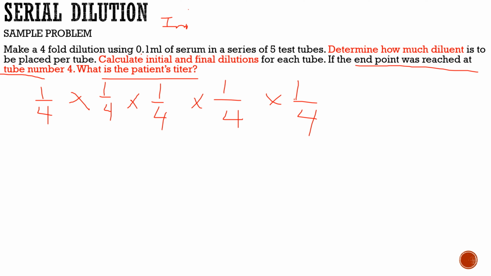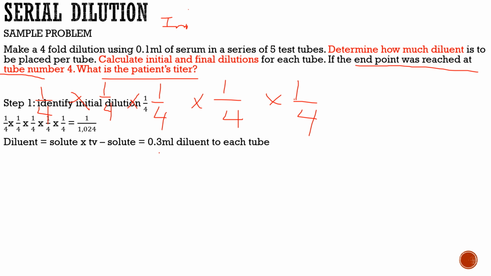To get the diluent, again, solute times the total volume minus solute. So 0.1 times 4 minus 0.1.